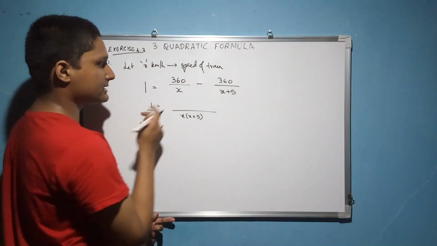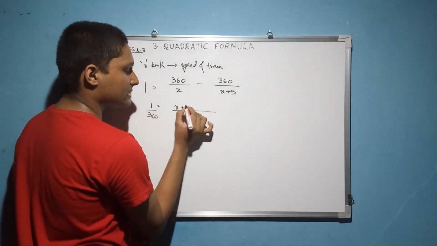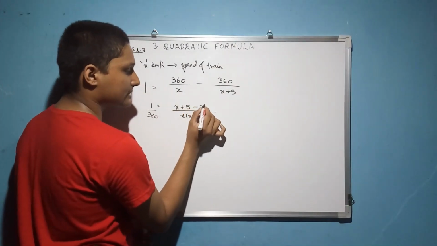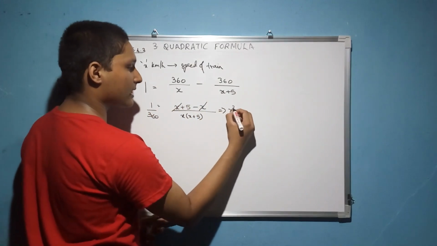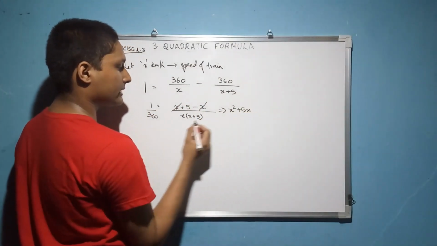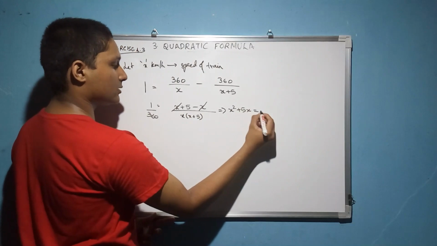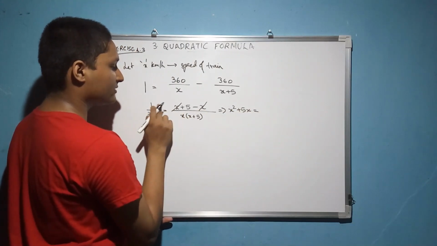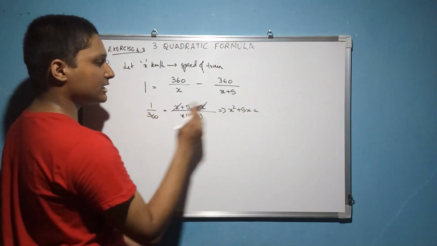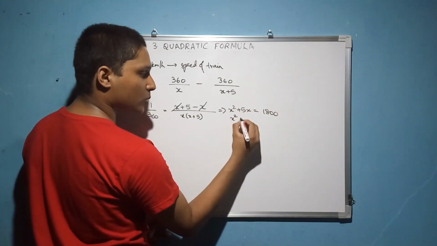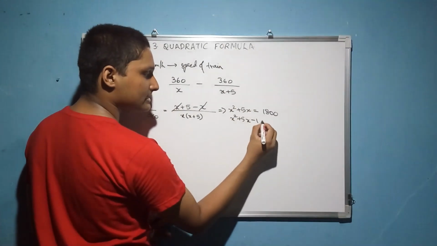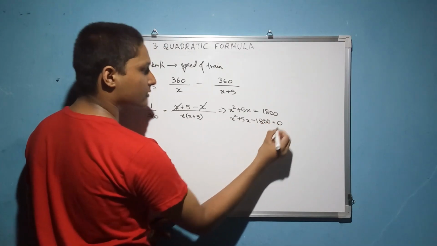It forms 1 by 360 is equal to x plus 5 minus x over x into x plus 5. So x and x get cancelled, and I'll form x square plus 5x. x square plus 5x is equal to, by cross multiplication, 360 into 5. 360 into 5 is 1800. So it forms x square plus 5x minus 1800 is equal to 0.